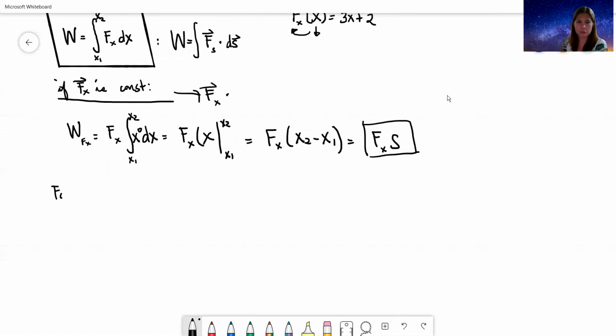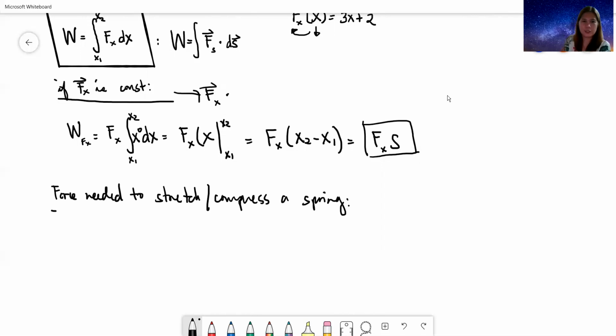So let's talk about the force needed, where we are the ones exerting it. What's the force needed to stretch or compress a spring? Beginning today, we will have another best friend, the spring mass system. So, let's talk about the force needed to stretch or compress a spring.